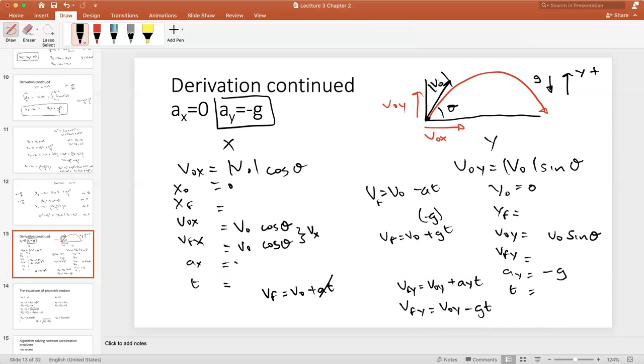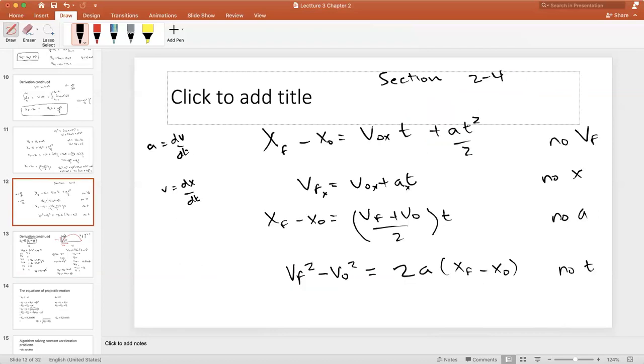As I said, this is 0. Since this is 0, if we go back and look, we get x final minus x initial is v naught of x times t. This says v final is equal to v initial in x. Here, since v final and v initial are the same, we just get v times t, which is the same as that equation. And this equation is 0.